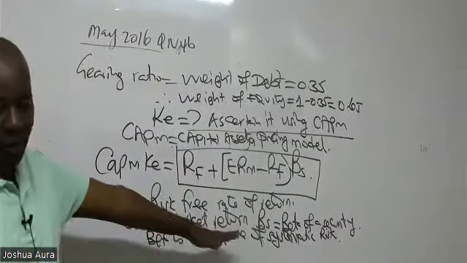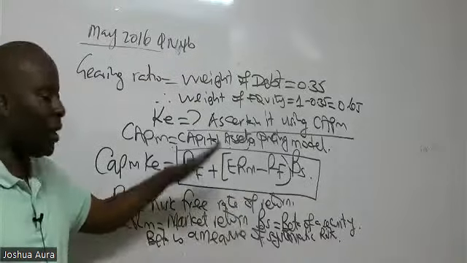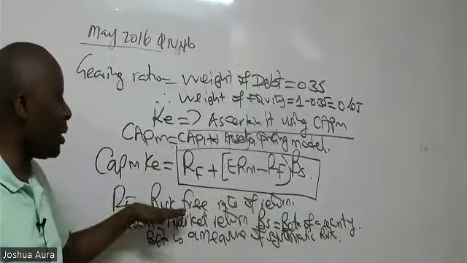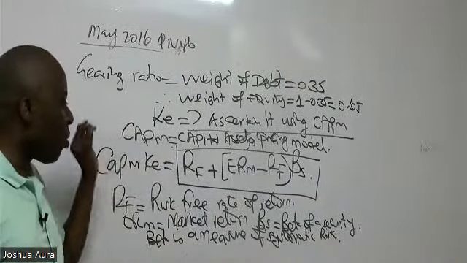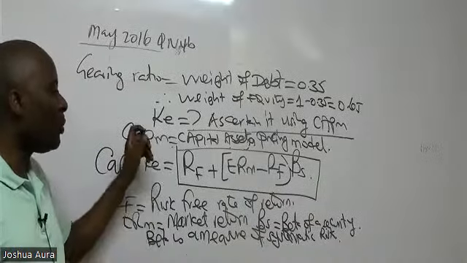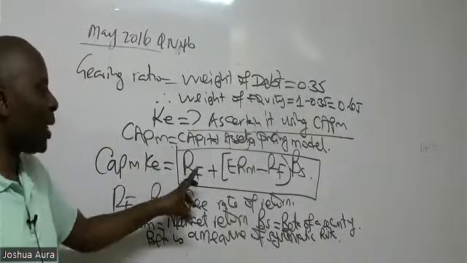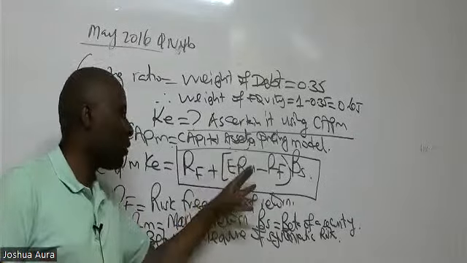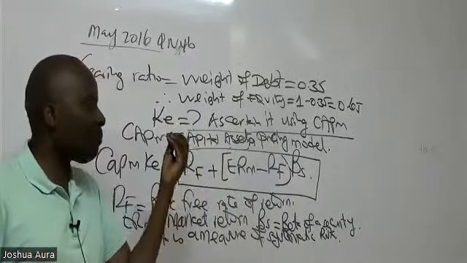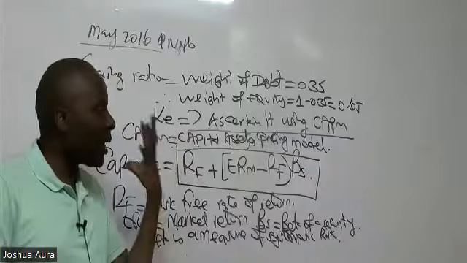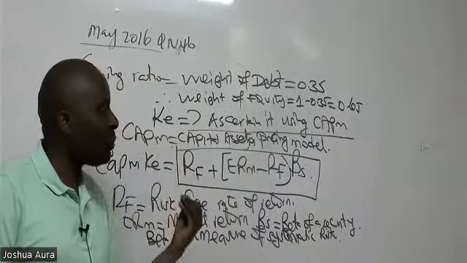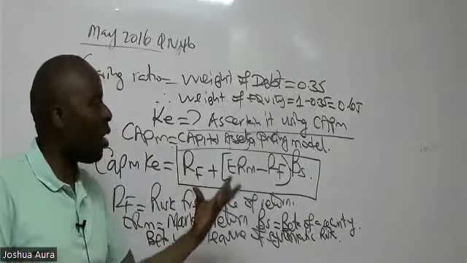Don't worry about systematic risk. For now, the thing that I would want you to cram here is that CAPM, cost of equity, will always be equal to risk-free plus ERM minus this risk-free to be able to get the risk premium. And once I have the risk premium, then the risk premium must always be multiplied with the beta of a security.